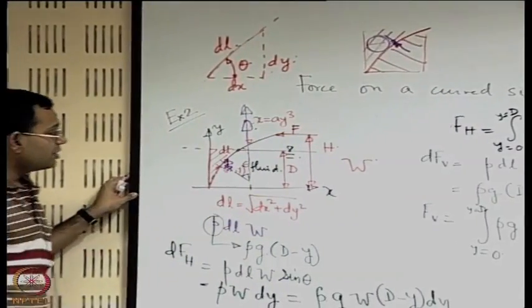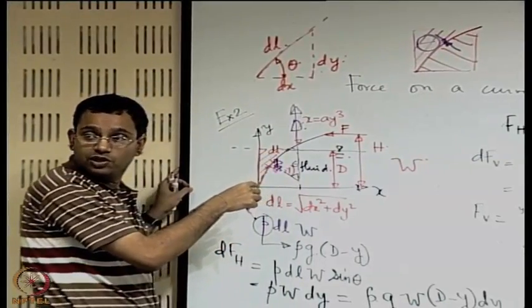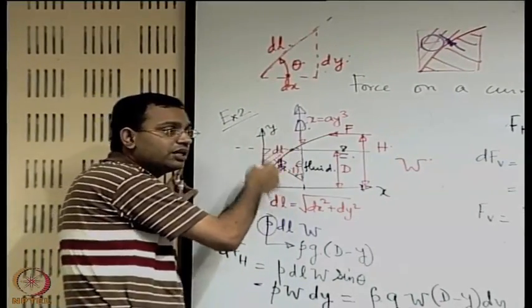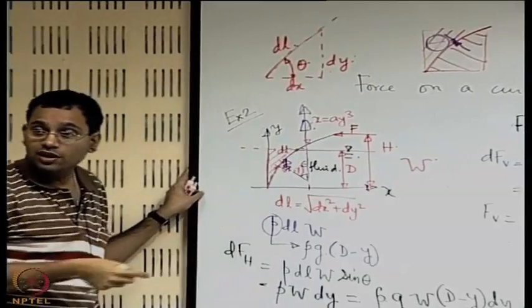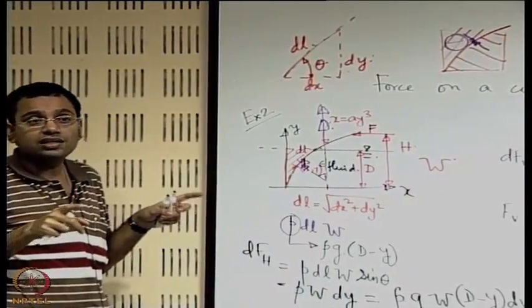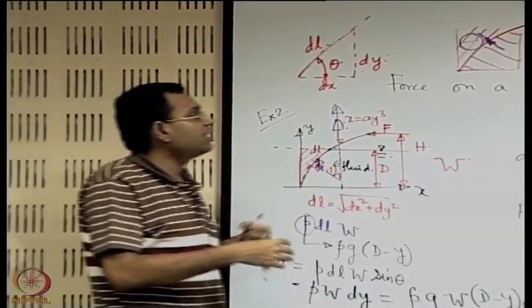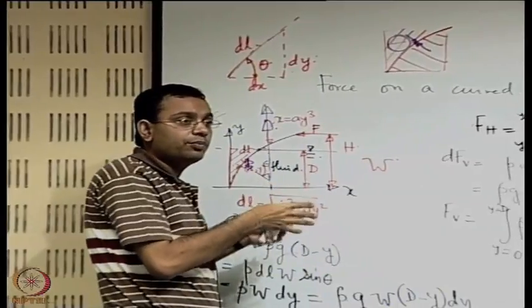So it is not apparently the vertical component of this shaded volume of fluid, because it will appear that if there is a volume of fluid here, its weight should act downwards. You have to remember it is an imaginary volume of fluid and it is just giving you the equivalent volume that needs to be employed for calculation of the vertical component of force.